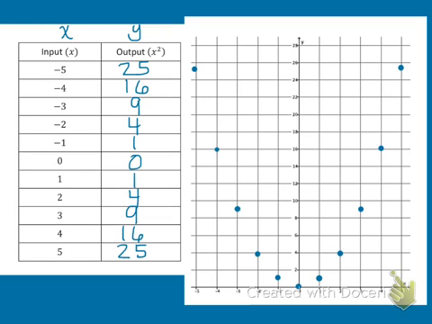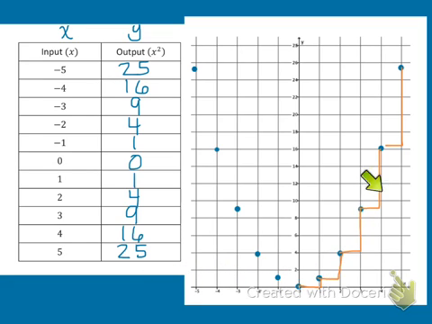If I look at the rate of change between these points, I can see that it's changing. Okay, is it getting steeper or less steep? Yeah, it's getting steeper and steeper as x increases, or as negative x increases this way, the absolute value.